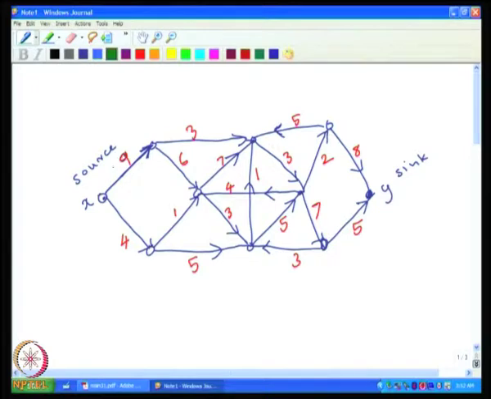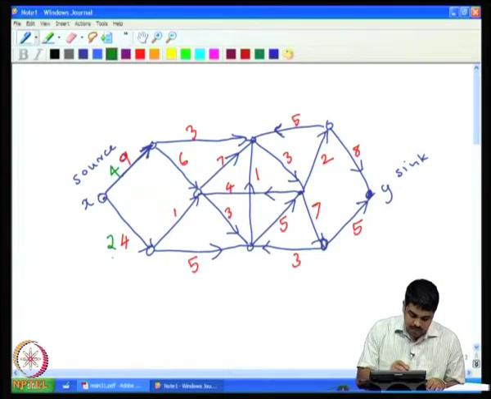Say for instance, I am using the green color to indicate the flow values here. For C this is less than 9, and here we can have say 2. This is less than 4, therefore the capacity constraint is met, and it is also greater than or equal to 0.